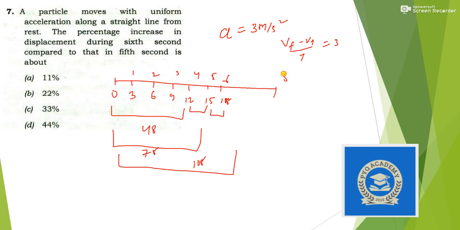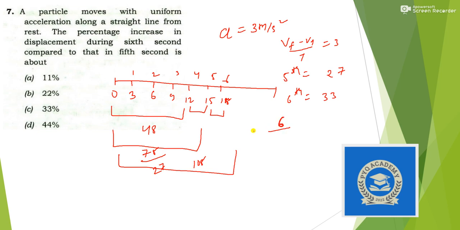So for the 5th second it will be 75 minus 48, so it will be 27, and 6th second it will be nothing but 33. Okay, so there is an increase of 6 from the 5th second.